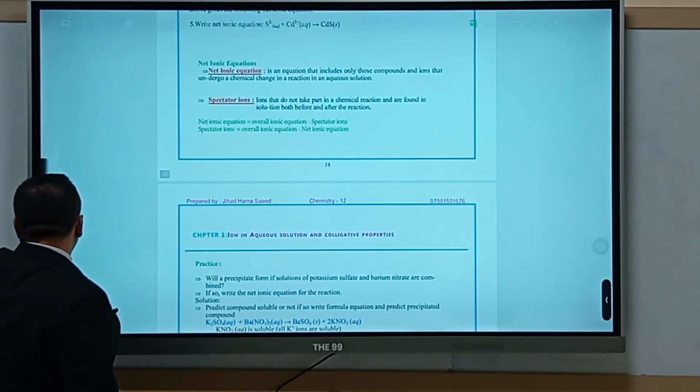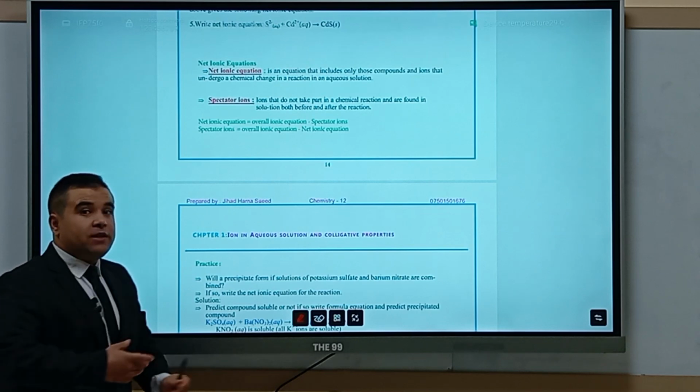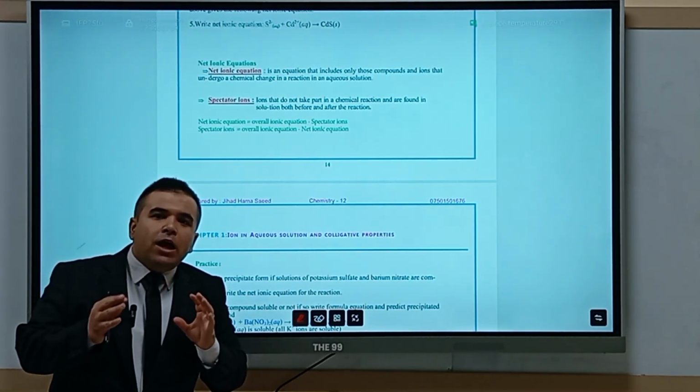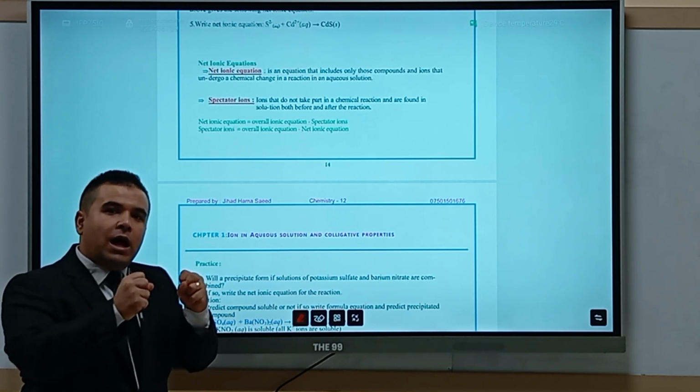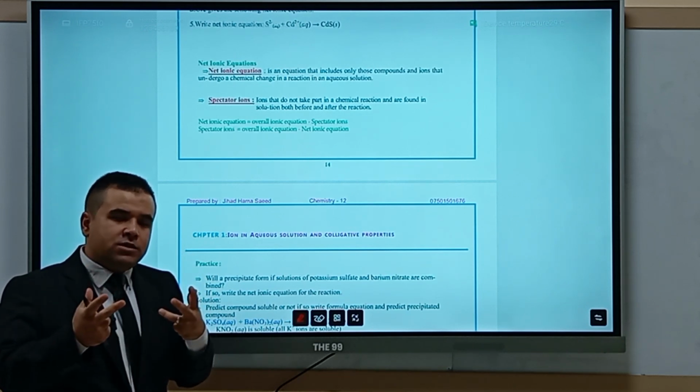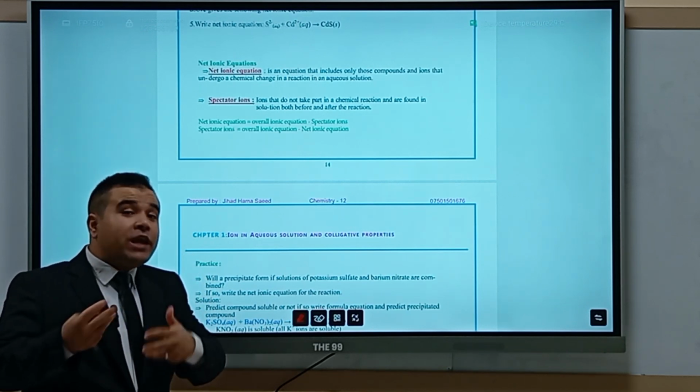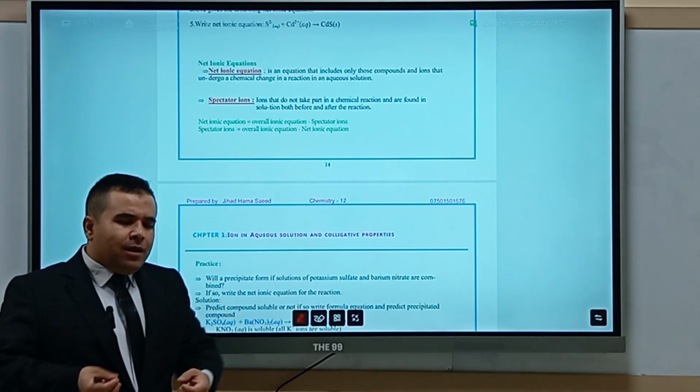What's the net ionic equation, guys, and the spectator ion? The net ionic equation represents those ions and compounds which undergo chemical changes.